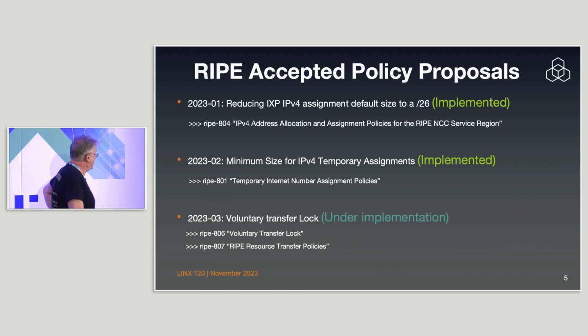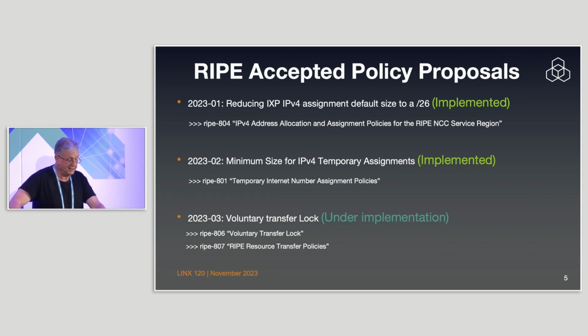The ones that have just come through and are all implemented, I talked about these last time. One was reducing the IXP IPv4 assignment default size to /26. That's been implemented. One is about IPv4 temporary assignments, which you can get if you want to do things like experimentation on IPv4 and so forth.